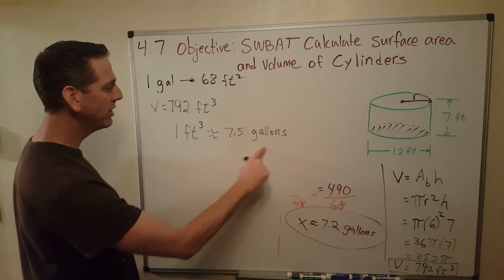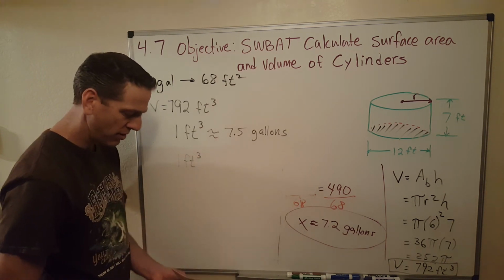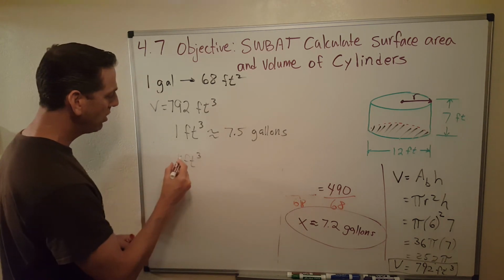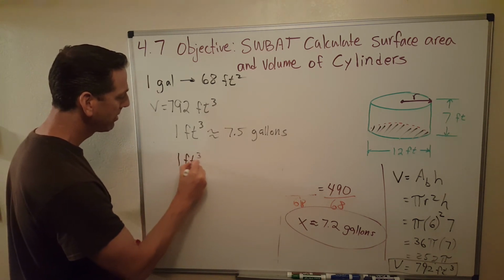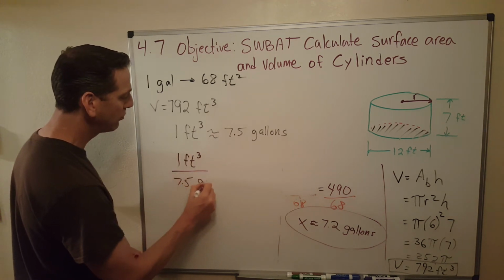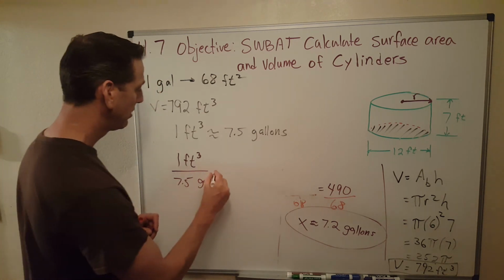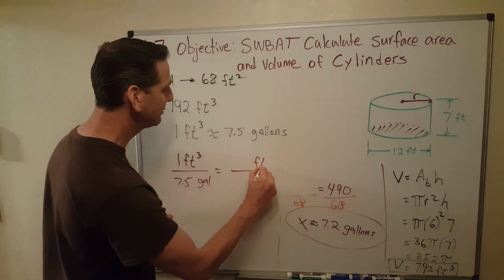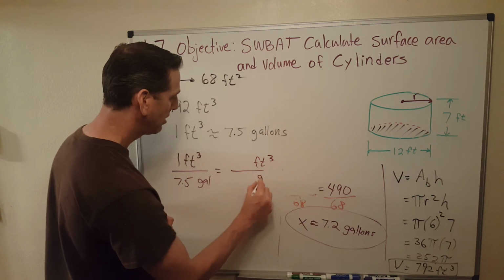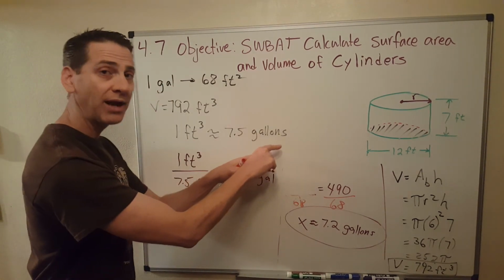Here's my first ratio. 1 cubic foot is equivalent to 7.5 gallons, more or less. Notice again, I'm going to be consistent with my units. By the way, I could have put gallons over cubic feet as long as I put gallons over cubic feet over here.